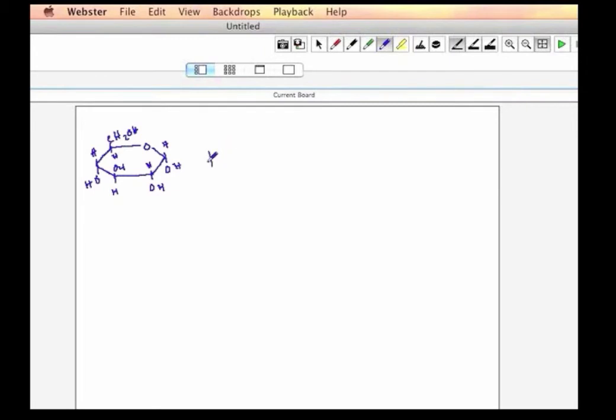So what happens then in this reaction? We have glucose plus ATP, and we get this molecule. All of these are the same, so I'm not going to draw them all in, but the one difference is right here. Glucose 6-phosphate is what this molecule is, plus ADP.